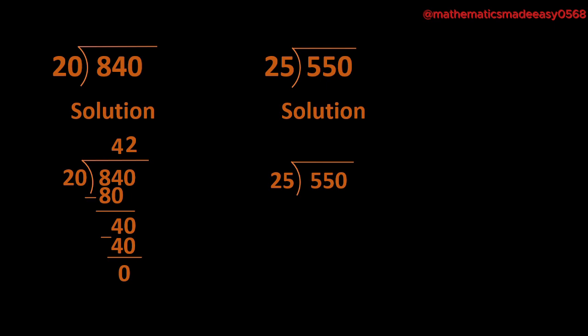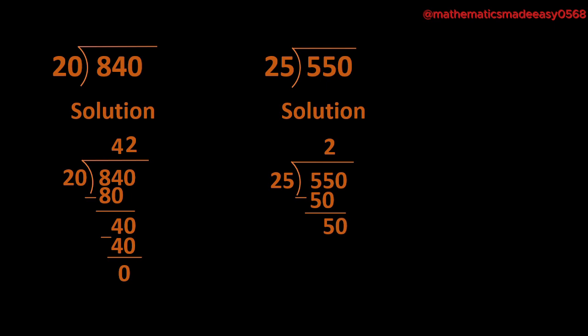Now, how many 25 can we find in 55? That is 2. 2 25. So 2 times 25 is going to give us what? 50. If we subtract, we are going to have 5. Also, we write down our 0.